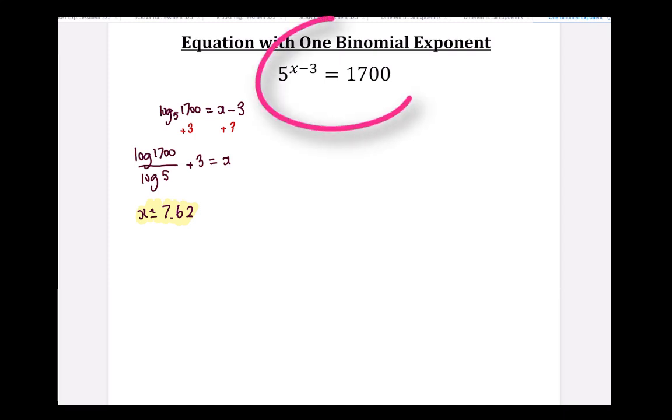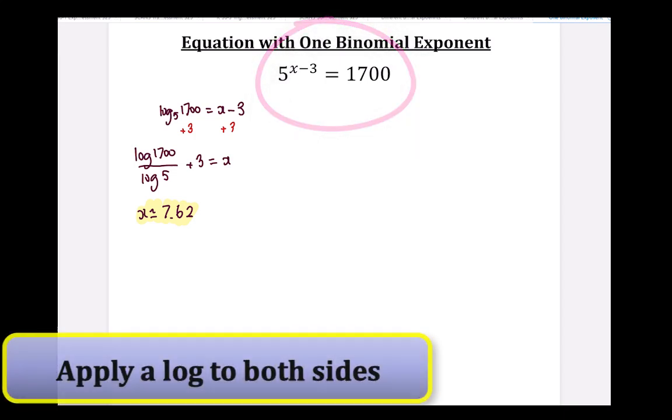So we'll start at the question again, and this time instead of converting into logarithmic form, let's go ahead and apply a log to both sides. So we'll see that we end up with log of 5 to the power of x minus 3 equals log 1700. Now the reason we're taking this approach here is just to prepare us for a more advanced question that we'll see later.